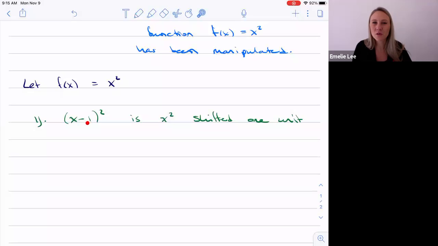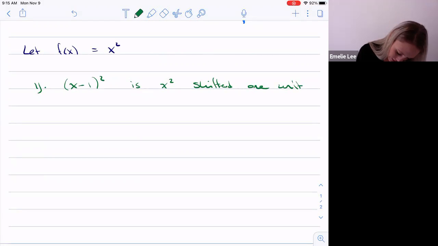Notice x minus 1, you might want to bump it to the left, but that's no. Whenever we're manipulating x here, we have to move the opposite of what we want to do. So x minus 1 shifts us to the right 1 unit.